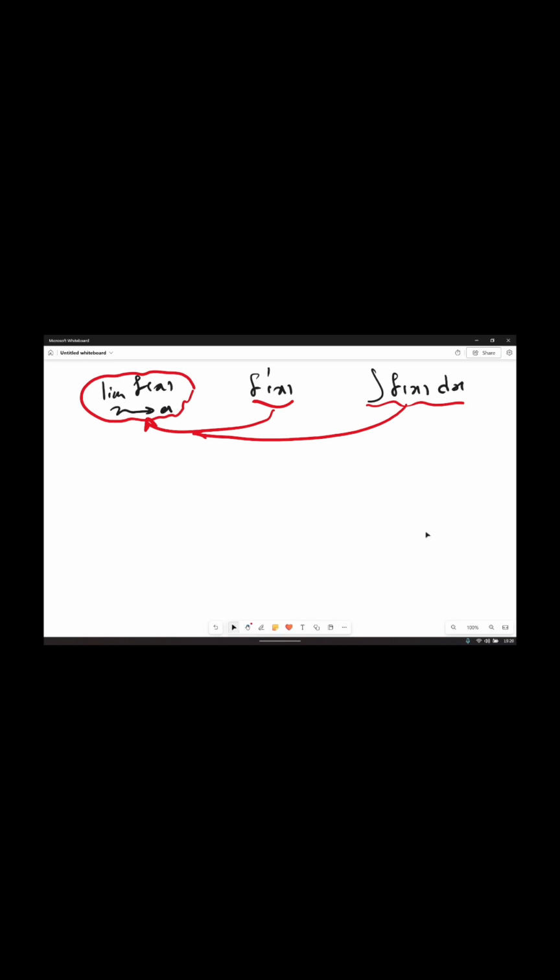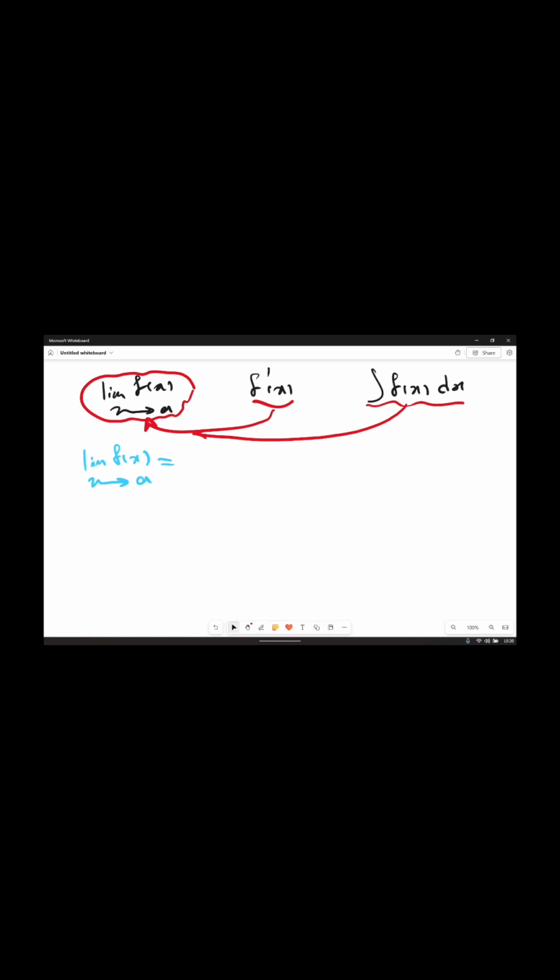Okay, guys. For example, when I say the limit of f(x) as x approaches a, what's the meaning of that? Guys, this is not the precise definition of this. It just makes a sense. Okay?